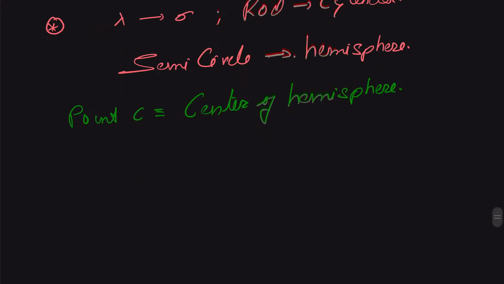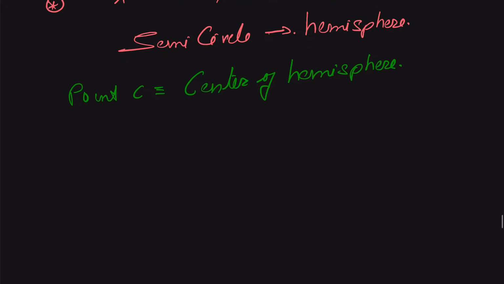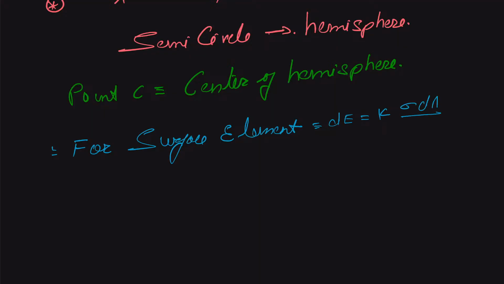Therefore once again we can write, for the surface element, that our small electric field dE will be equal to K times the density times the small area dA, and the rest of the things will be the same, with the r unit vector.